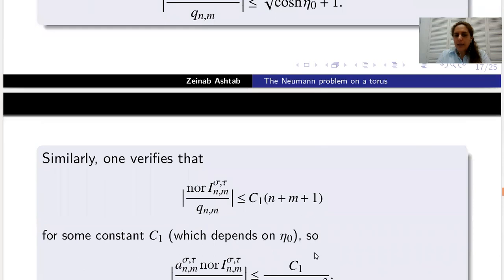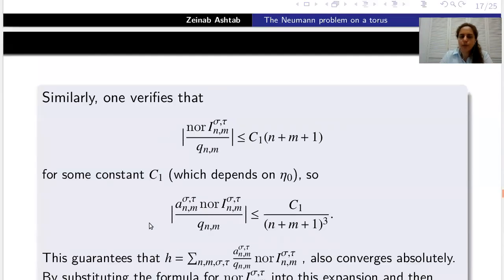And the norm of capital I over q is less than or equal to a constant C1 times n plus m plus 1. This constant C1 depends on eta naught.